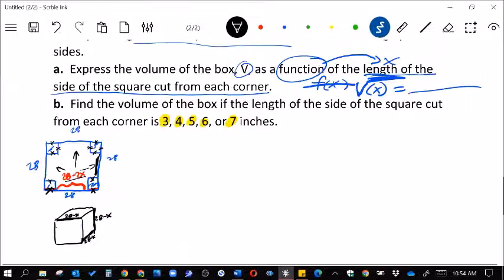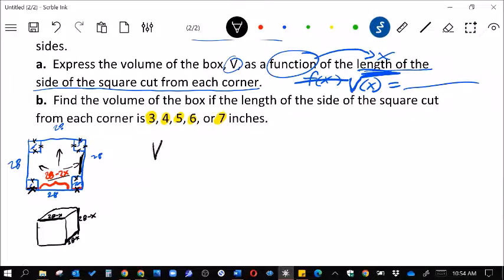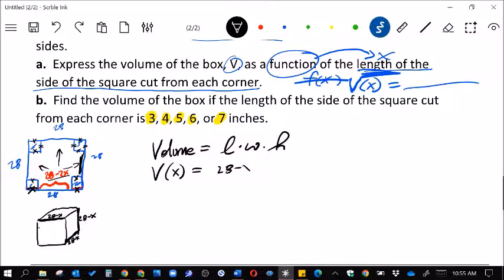All right, so now volume is equal to length times width times height. So the volume of x is equal to 28 minus, oh, I made a little mistake here.